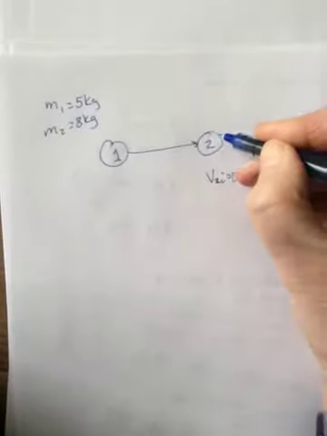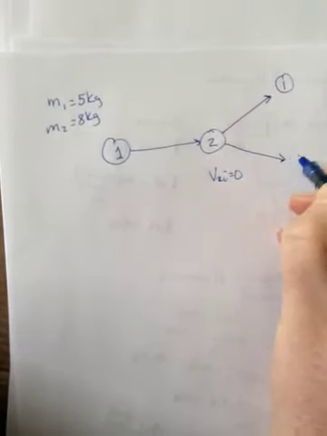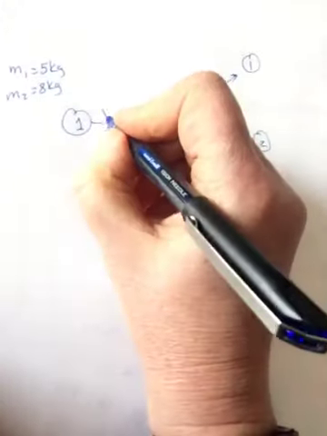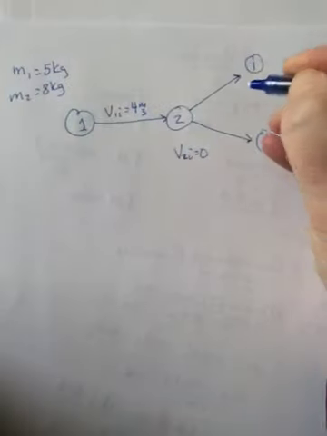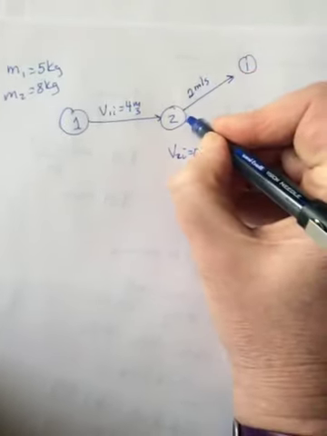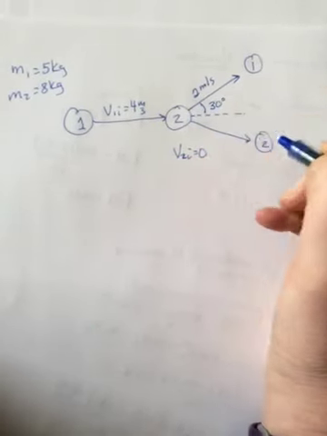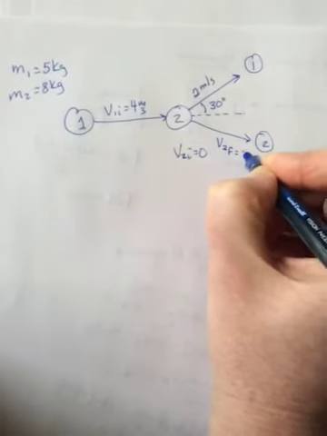But after they hit, one's going to go off one way and the other is going to go off the other way. v1 initial, 4 meters per second east, and maybe after the collision it goes off at a speed of 2 meters per second and at an angle of 30 degrees. And so the question is, what's v2 final?